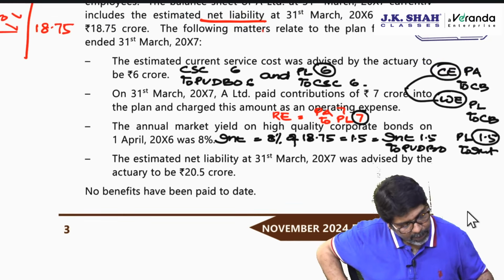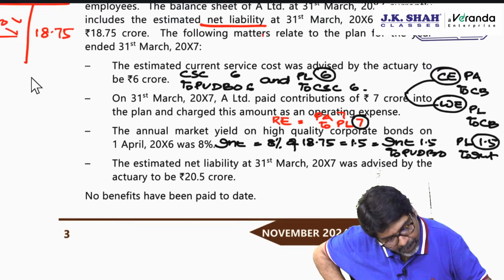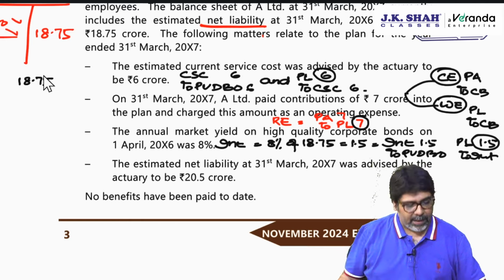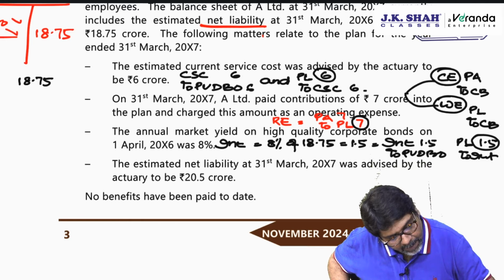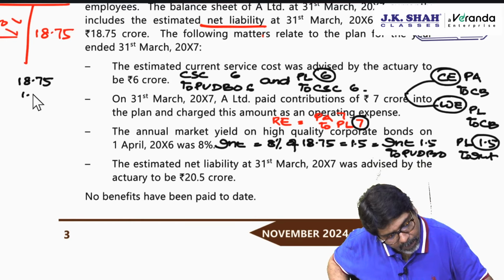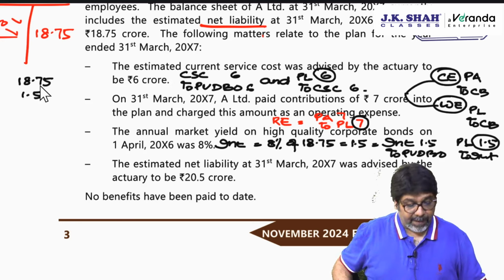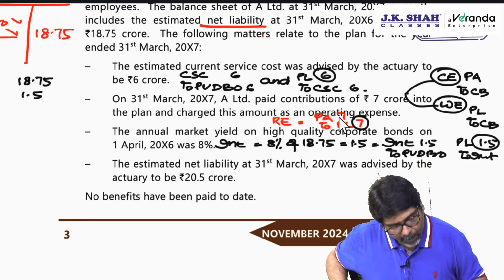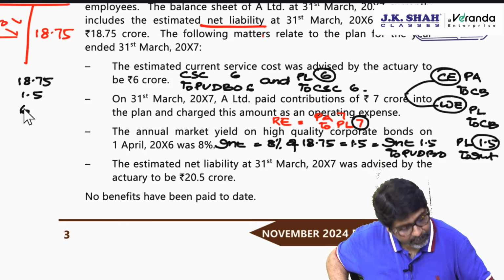The estimated net liability is now, chartered, so net liability was how much? 18.75 net liability, correct? Plus interest 1.5, plus CSC 6.